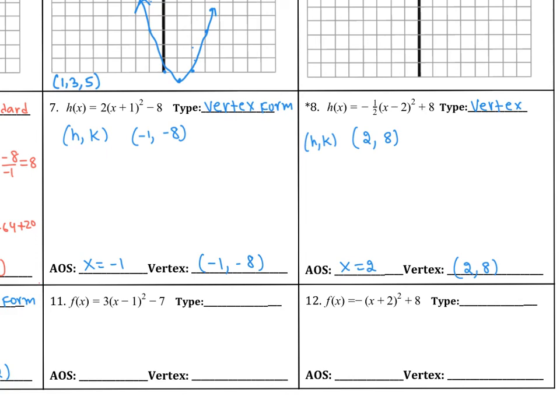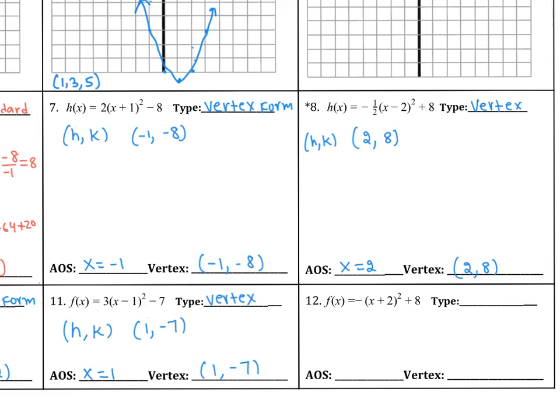For number 11, the h comma k would be 1 comma -7, and axis of symmetry is x equals 1. Again, this is a vertex form. Because the vertex is so obvious, you can list it right away from looking at it. You don't have to find anything.